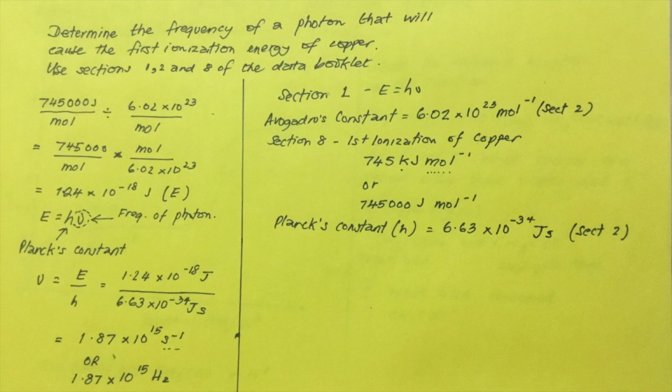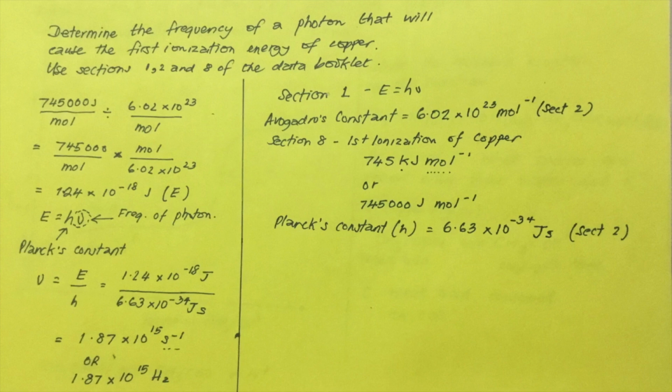So with all of this relevant data on this side, we can move over to solving and answering this particular question. First up, we need to take this value here, which is per mole. We don't need all of 1 mole of the copper. We simply need 1 copper atom.